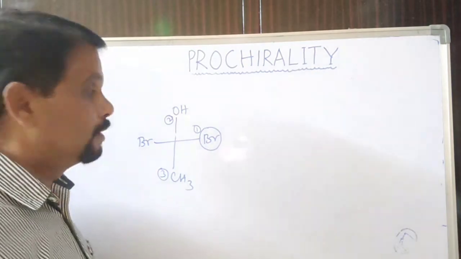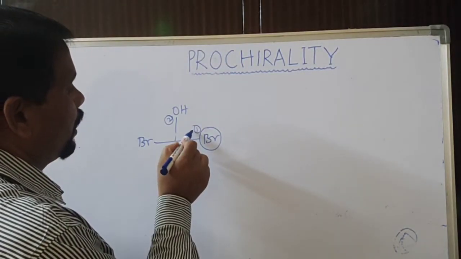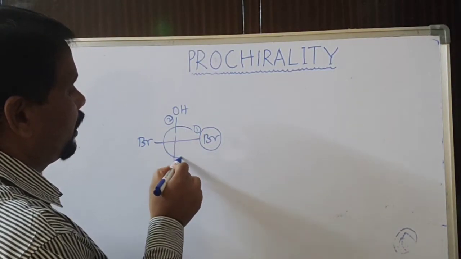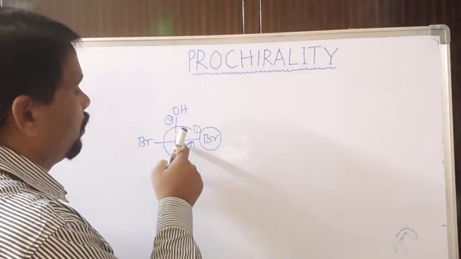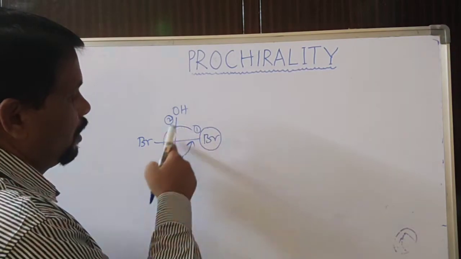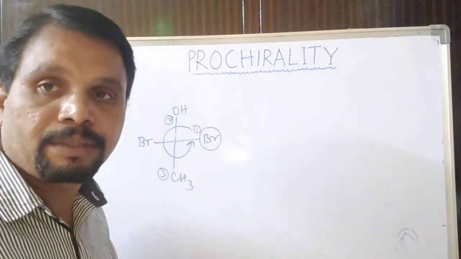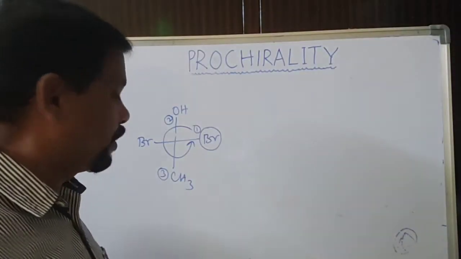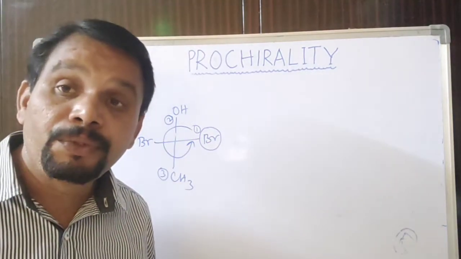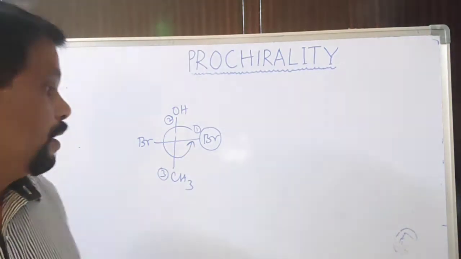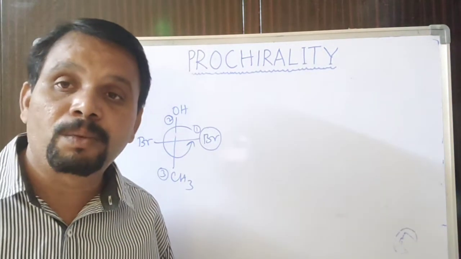So you can write the arrow mark like this. So it is anti-clockwise rotation. And also you need to observe the least priority group.